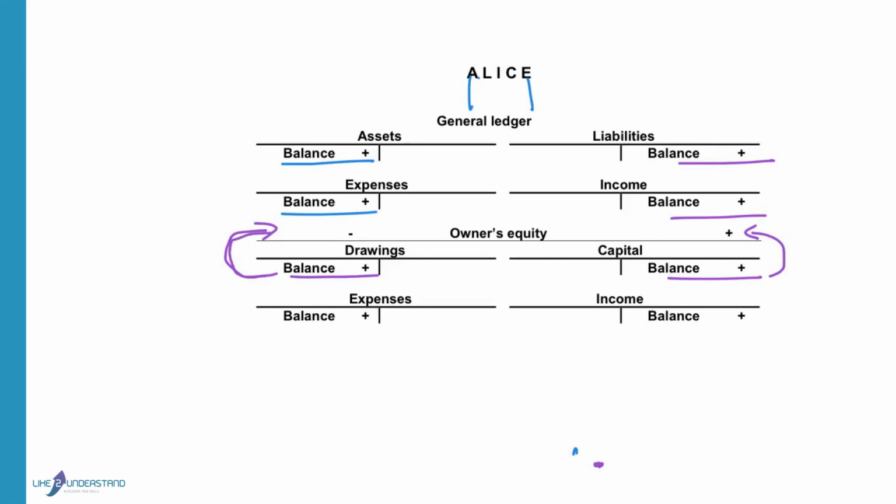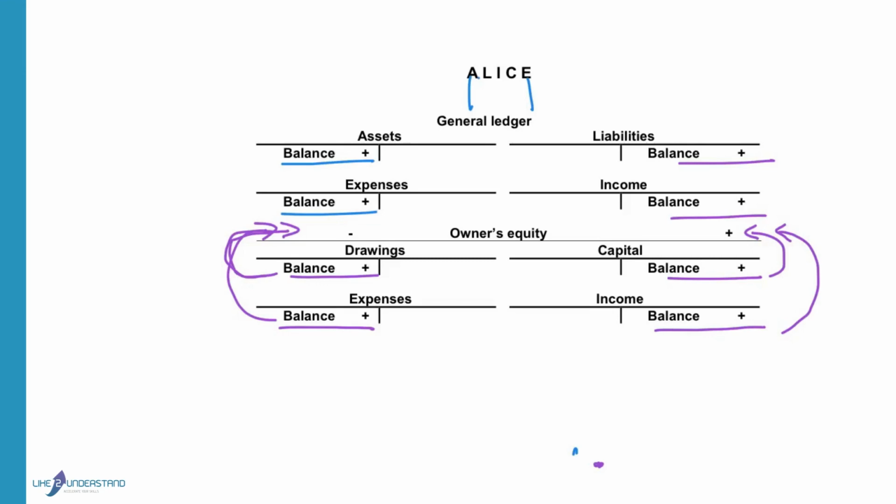So income that increases on the credit side will increase profits and the owner's equity will increase. Expenses that increase on the debit side will reduce the profits and the owner will get less profit, so the owner's equity will decrease.